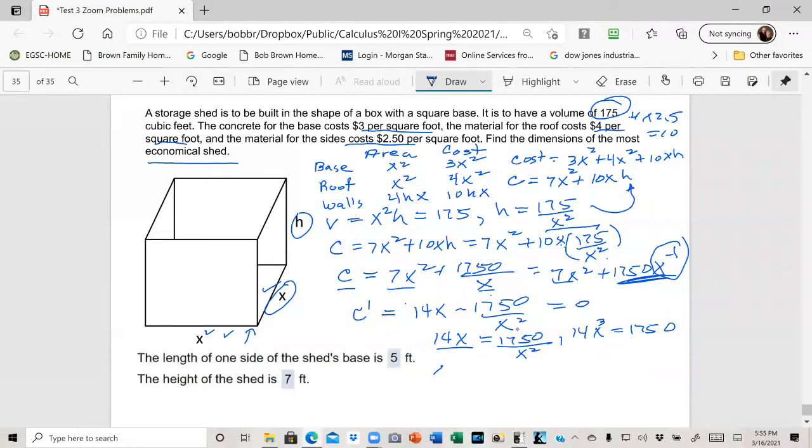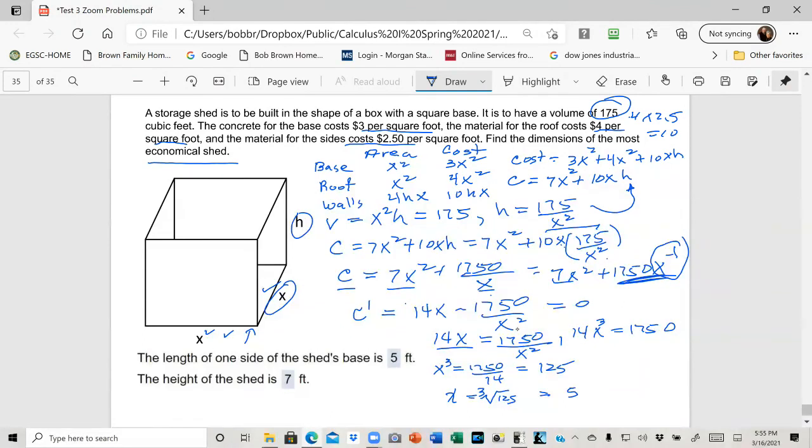And so x cubed equals 1750 over 14, which equals 125. So x is the cube root of 125, which is 5.